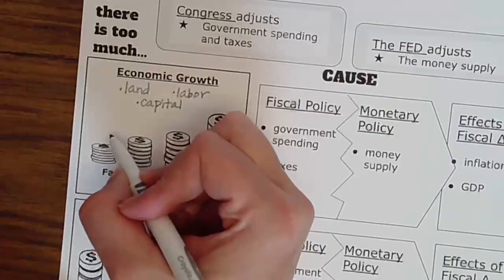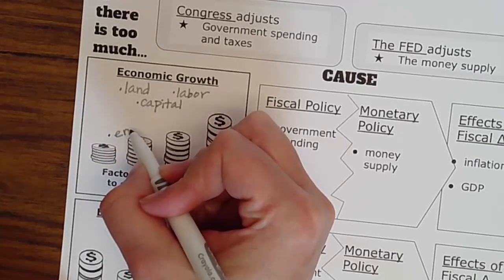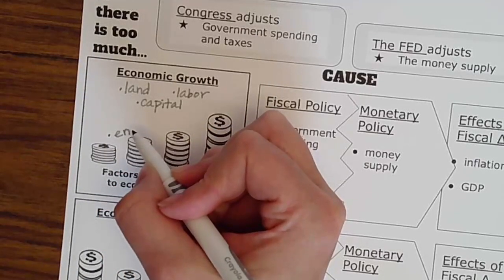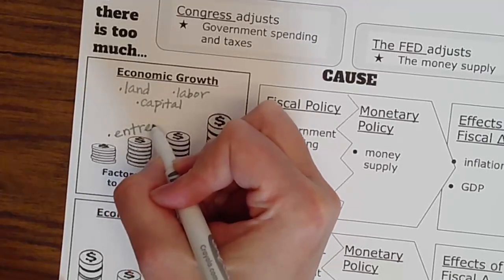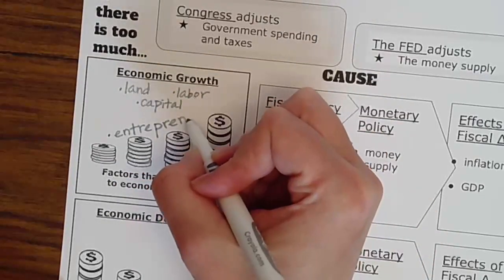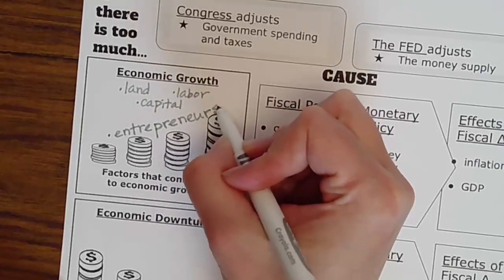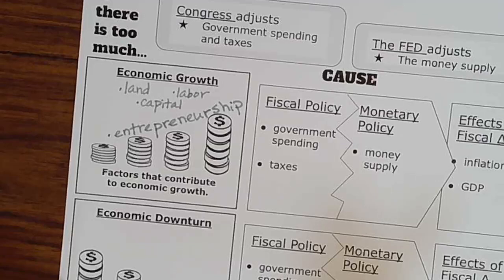And another piece that really amps up the economic growth is, I'm going to use this word, entrepreneurship. People who are starting new businesses. Entrepreneurship. That's a very long word. But when people are starting businesses, that's definitely going to help the economy.